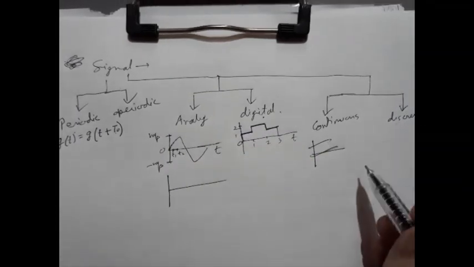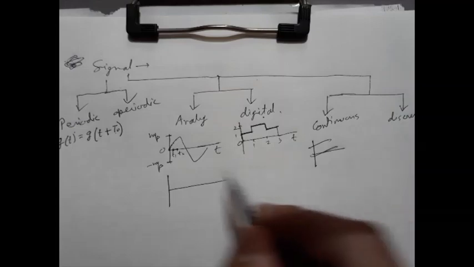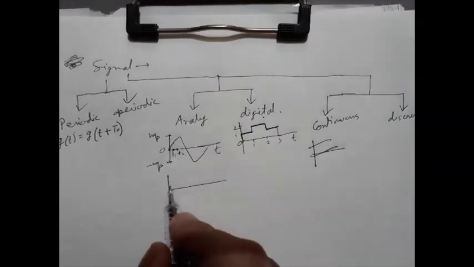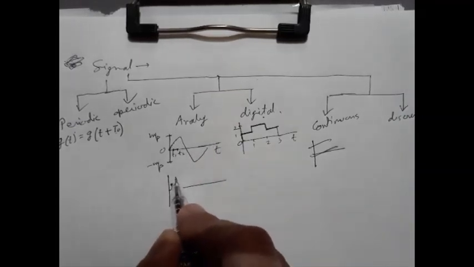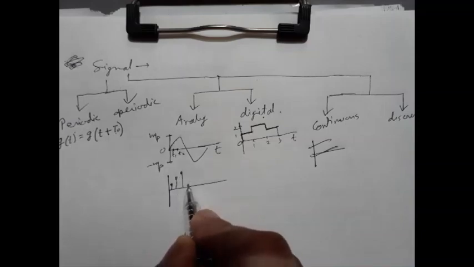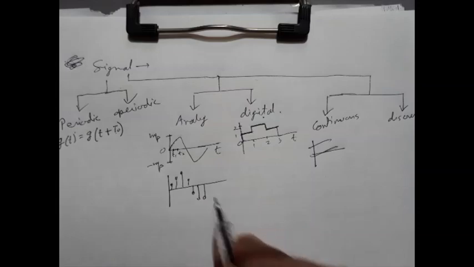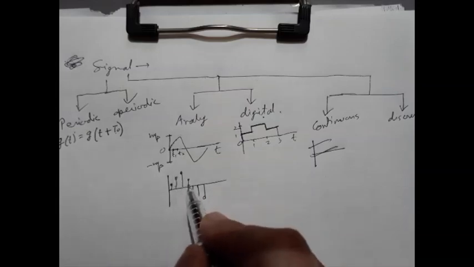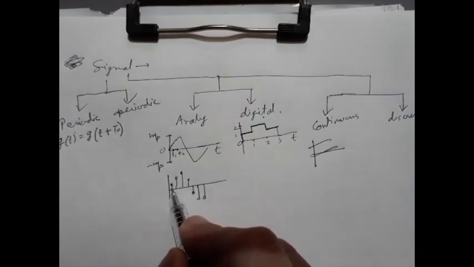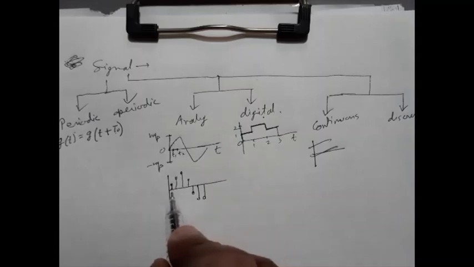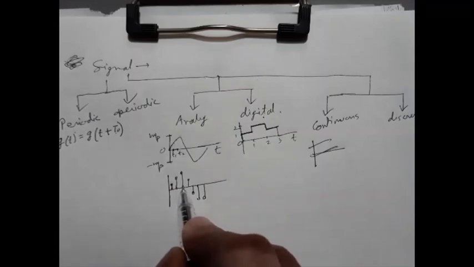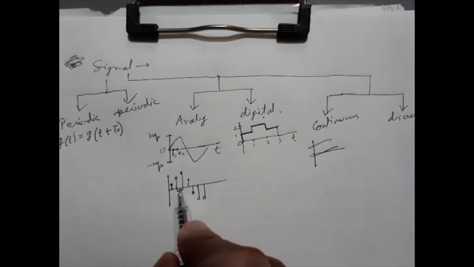Now consider the situation of a discrete signal. If we take samples of this signal, the samples may look like this. Here the signal exists at that particular time, or at that particular time, and the signal is not existing within this time interval.